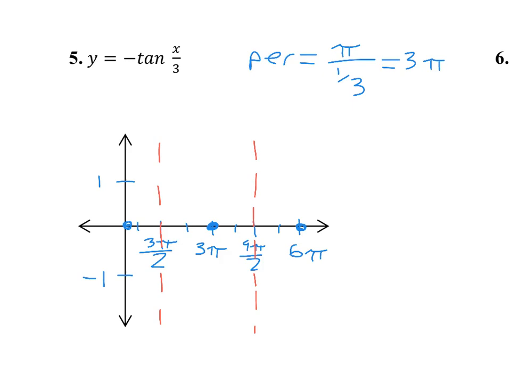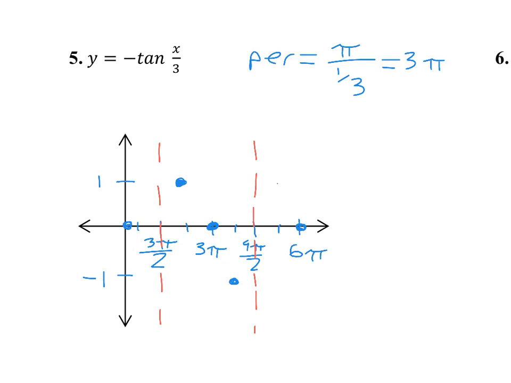Alright, and my graph isn't exactly to scale, but that's alright. Alright, so these are going to decrease. Let's start in the middle. So again, usually tangent goes up from left to right, but because of the negative, it's going to go down. So at this point, I want to be at 1, and then at -1.